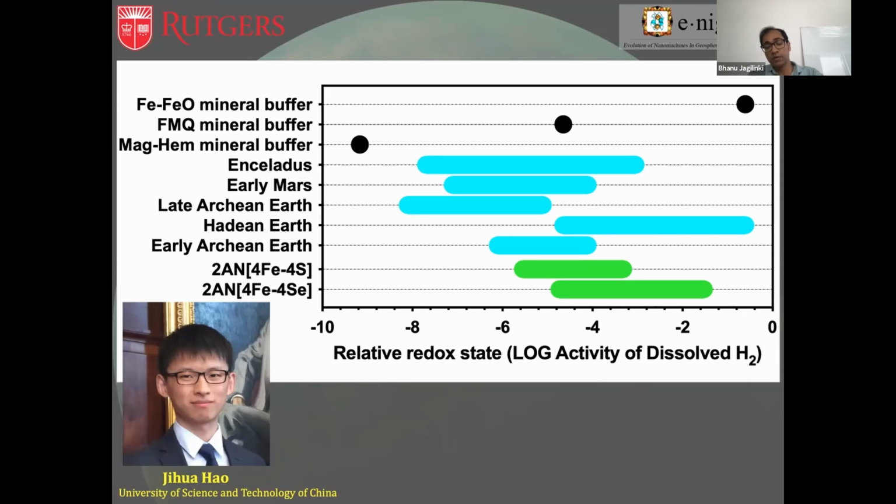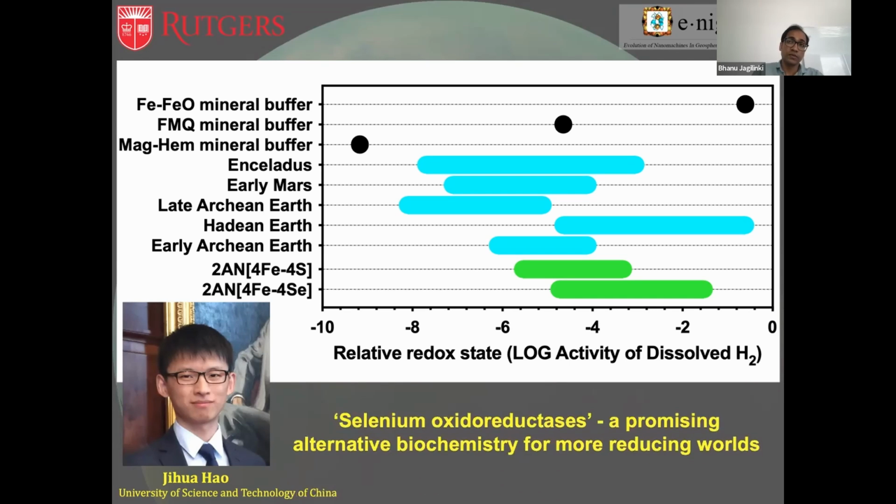So that is why these selenium oxidoreductases would definitely have a greater evolutionary advantage in a more reducing world, and might be incorporated in a life if it really exists. So it's only a matter of time, and future orbital and lander missions might definitely address this hypothesis more clearly.